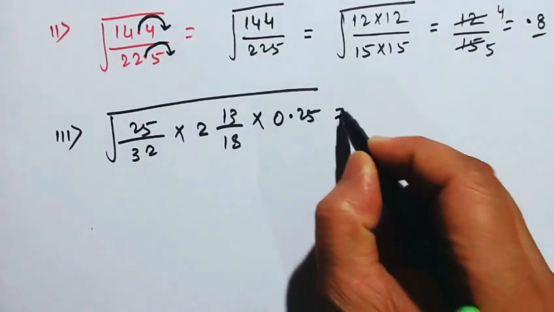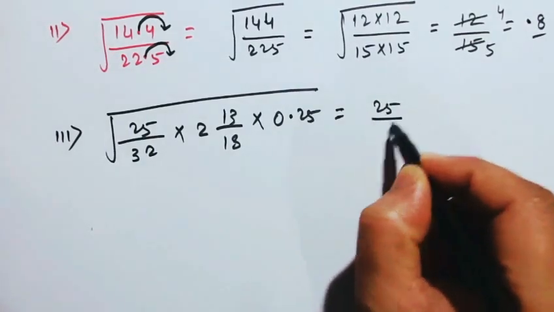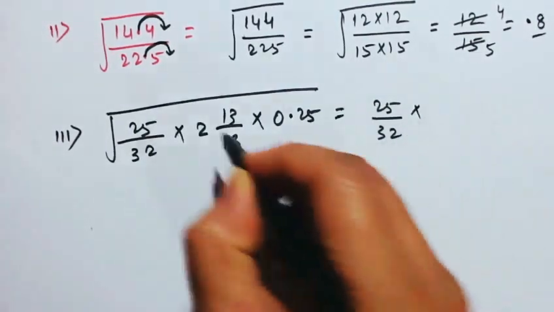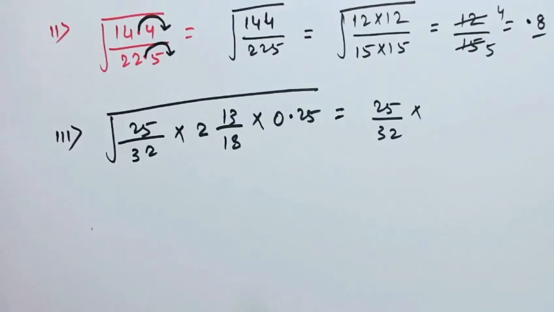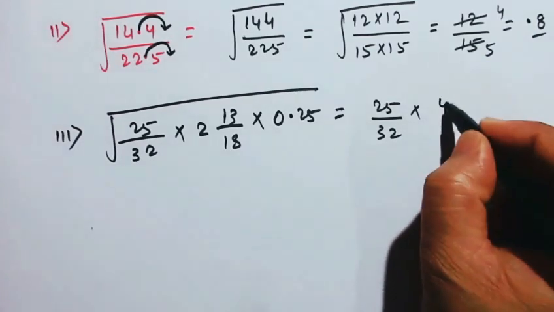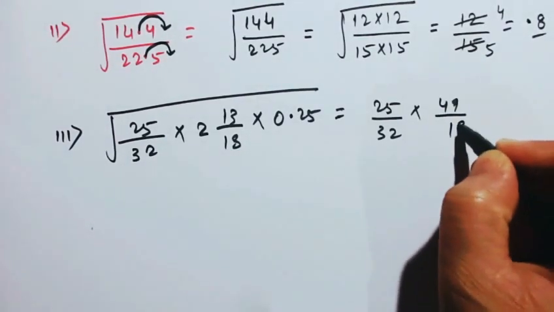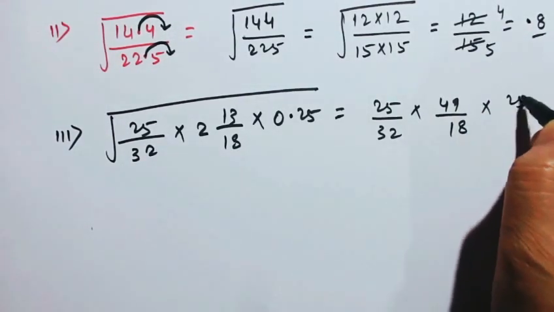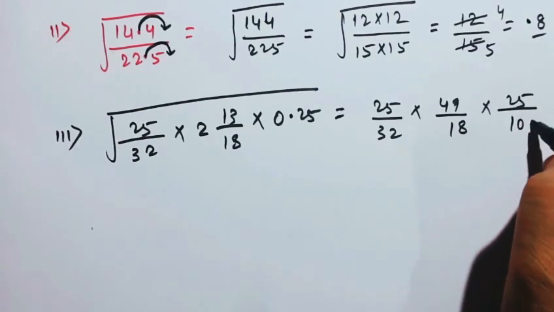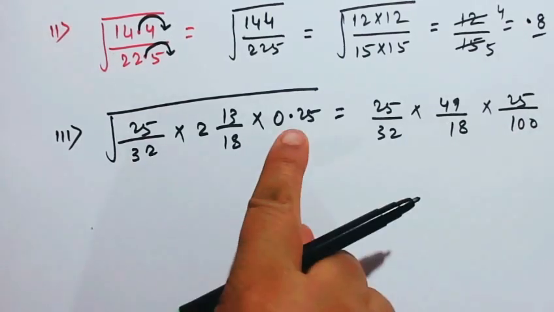Square root of this. Okay, fine, let's see what this is up to. So 25 by 32, 25 by 32. And see here, 2 1/3 by 18. Please do convert it into its prime factor form. So this is your 49 by 18 into 25 by 100. See, remove the decimal.